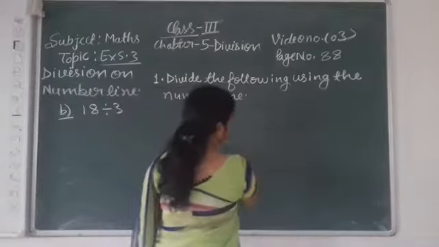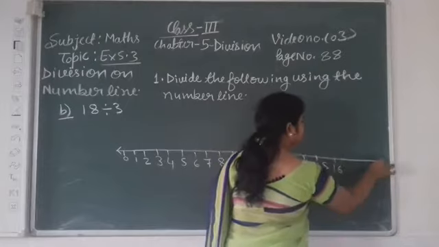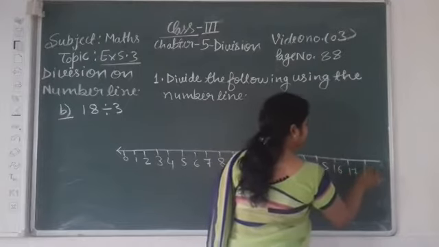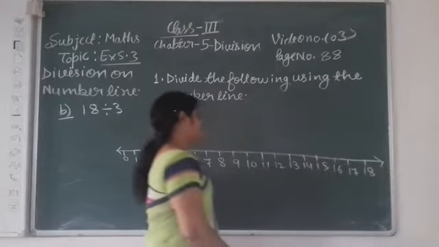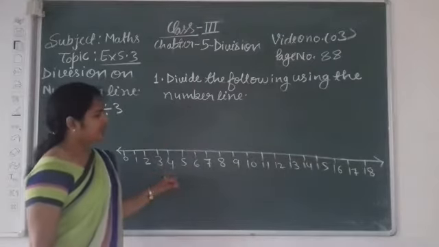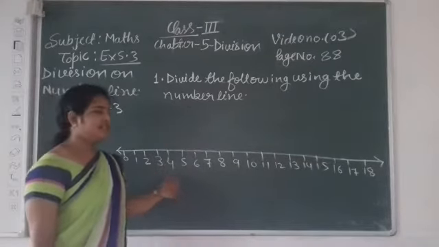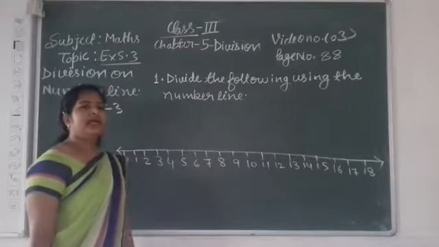So this is 0, 1, 2, 3, 4, 5, 6, 7, 8, 9, 10, 11, 12, 13, 14, 15, 16, 17 and 18. Okay, so this is the number line which is drawn till 18.